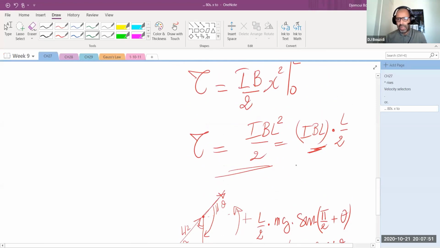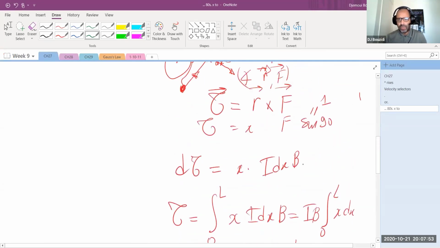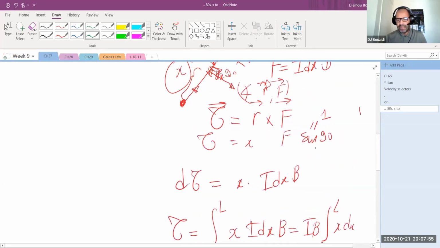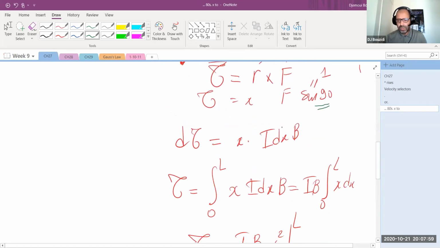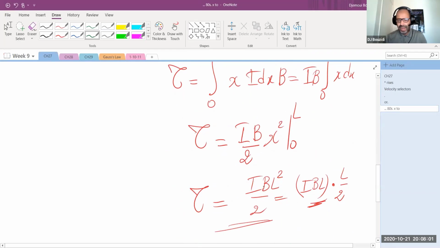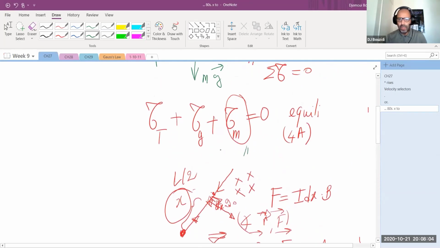It's the same reason, it's a negative 90 degrees. So it's a negative value of IBL squared over 2. So this is a minus IBL squared over 2. This is also a minus mg times L over 2 times the cosine theta, okay?